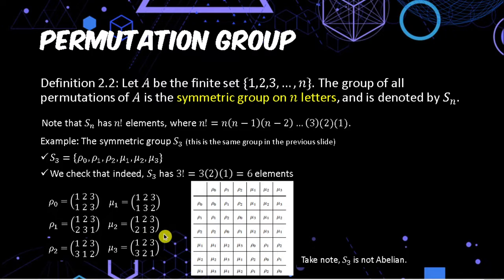We know that the alternating group A sub 3, from the theorems that we discussed, has how many elements? Anyone? Yes, what is the answer? Sir, 3?